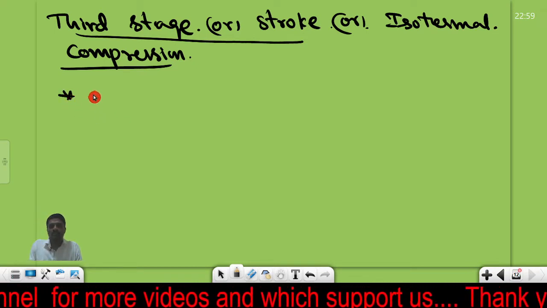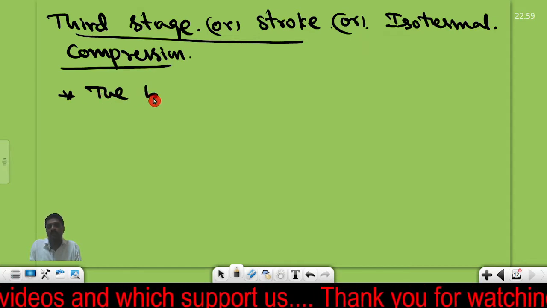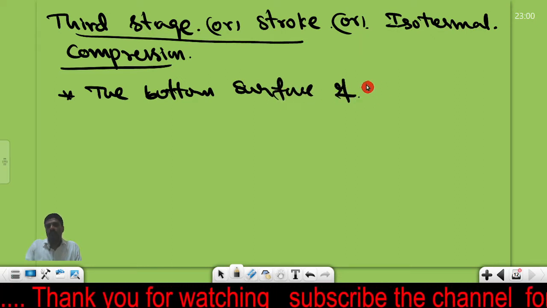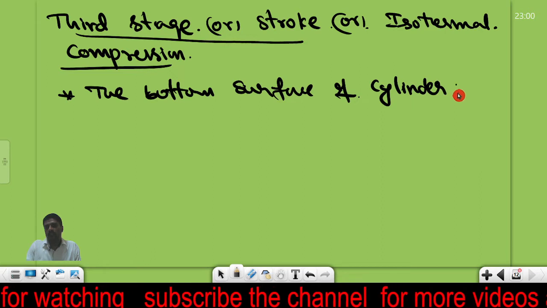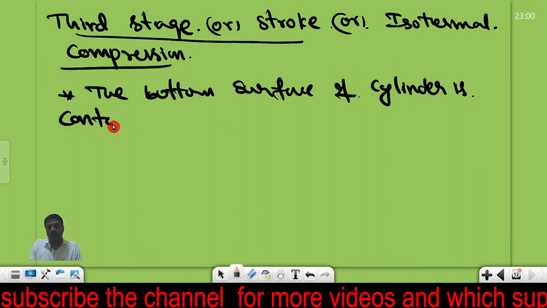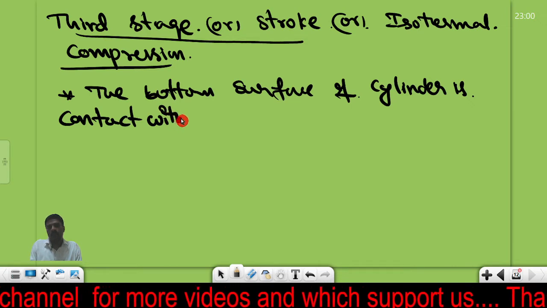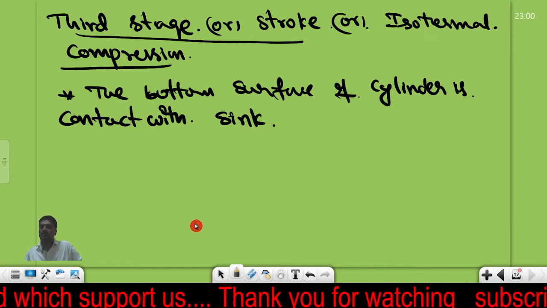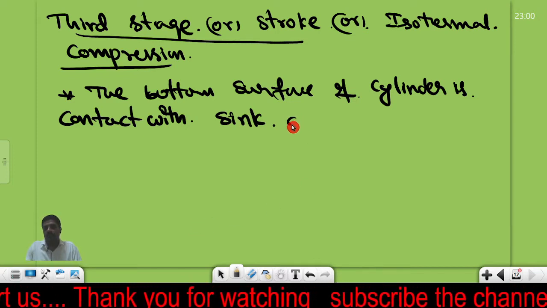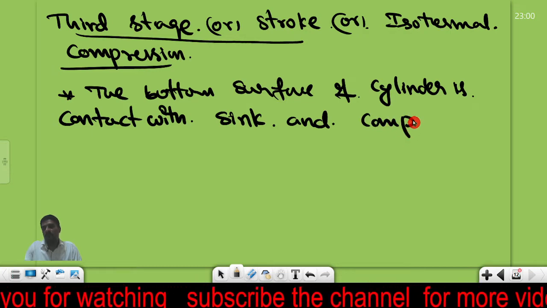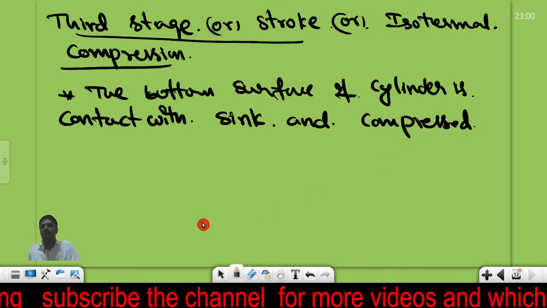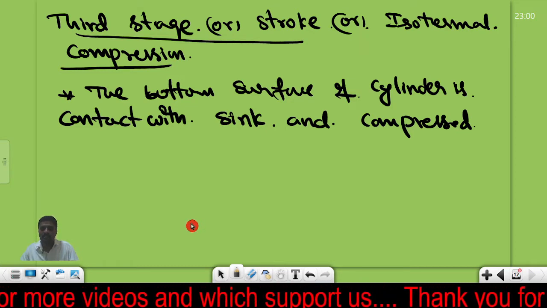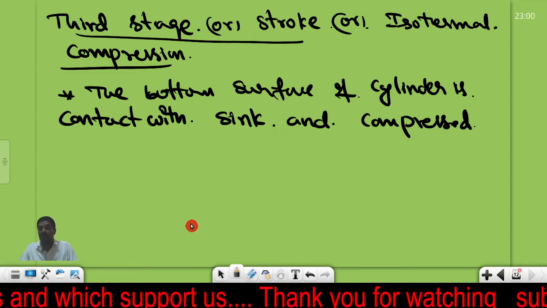So the bottom surface of the cylinder is in contact with the sink, and we compress the piston. When we compress the piston, we are doing work on the working substance, on the system, so the temperature will rise.